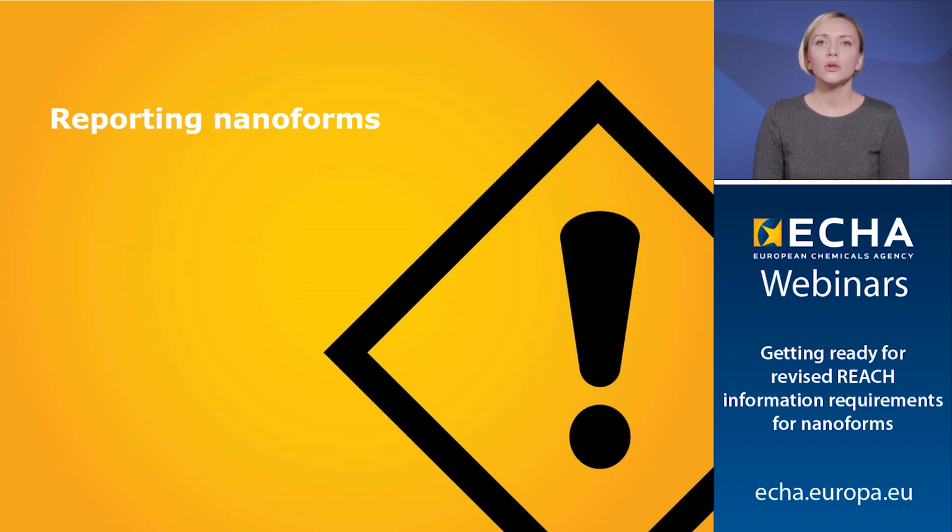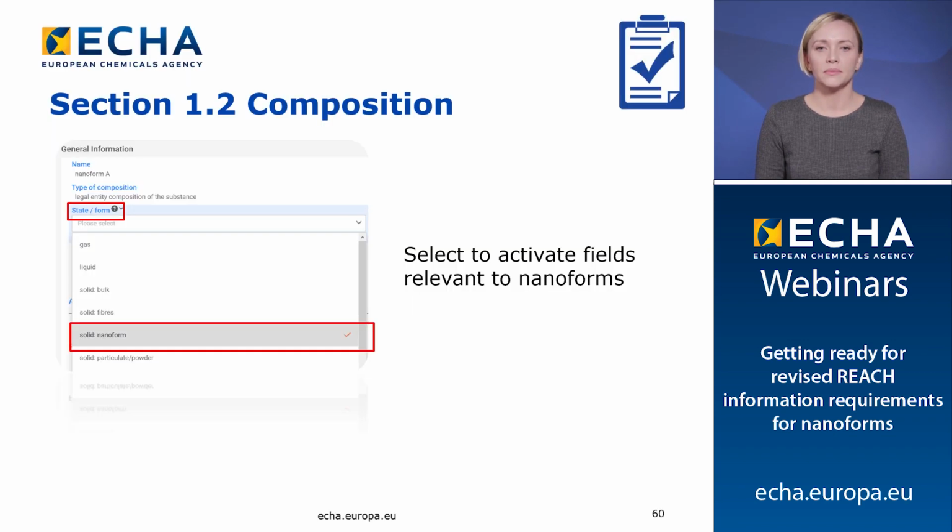In this part, we'll focus on the fields that are specific for nanoforms. As I already mentioned on my previous slide, the selection in the field state form has become mandatory, and in order to report information on nanoforms, you need to select solid nanoform in the pick list. This selection activates specific fields in Euclid that are relevant to nanoforms.